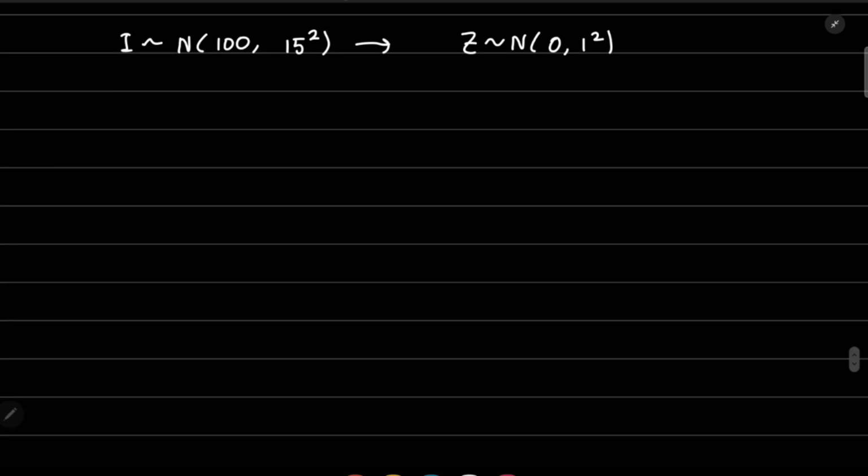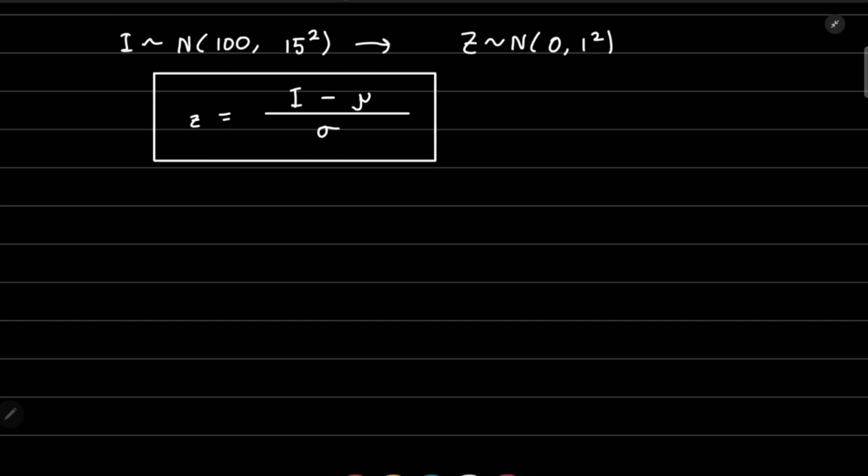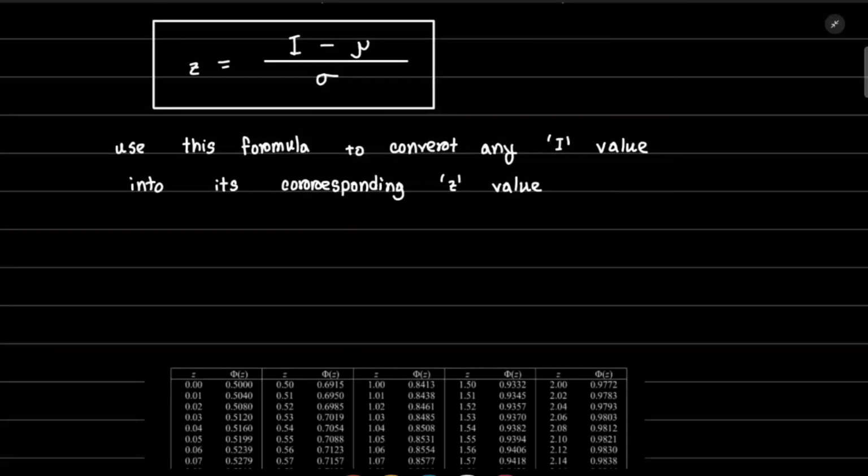The formula would be the z value is equal to the value of I minus the mean. So for example, over here the mean is 100 divided by the standard deviation, which is 15 in this case. So if I want to convert any I value into its corresponding z value, I have to use this formula. Using this formula over here, I can change any I value to a z value.